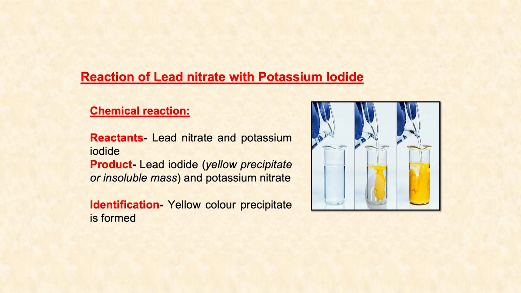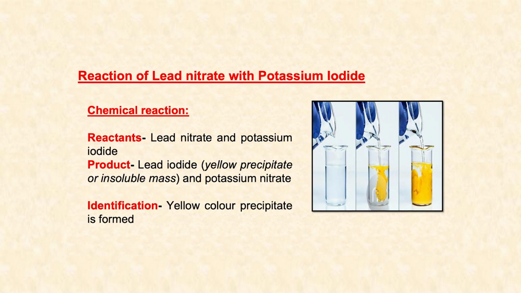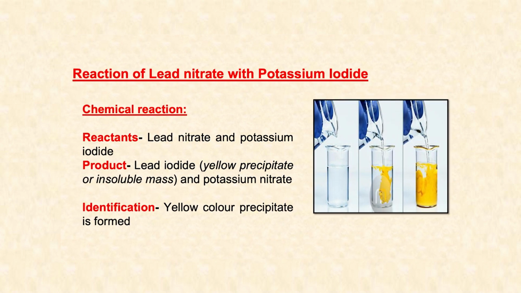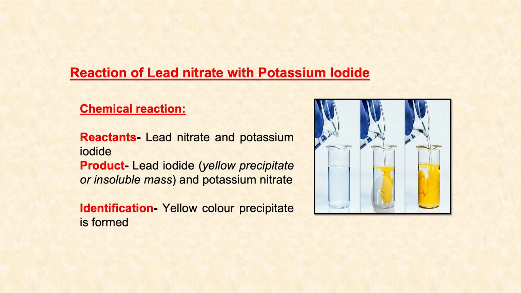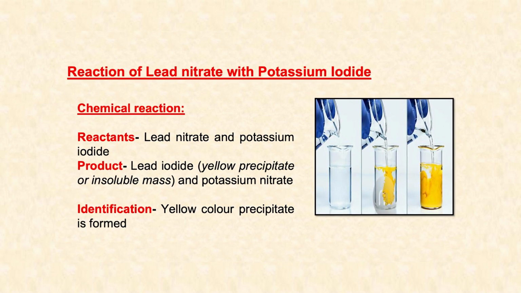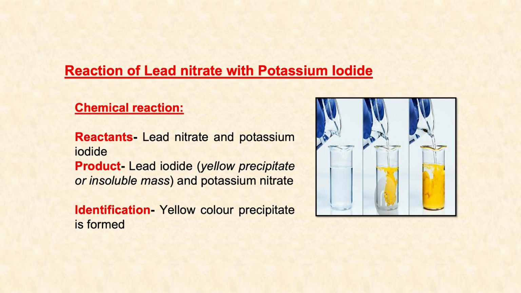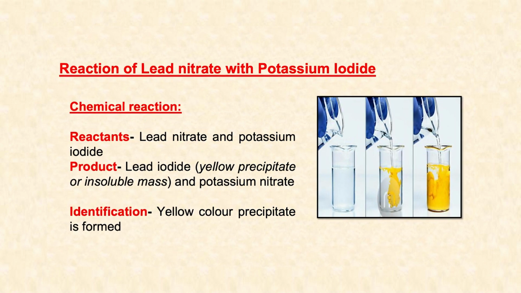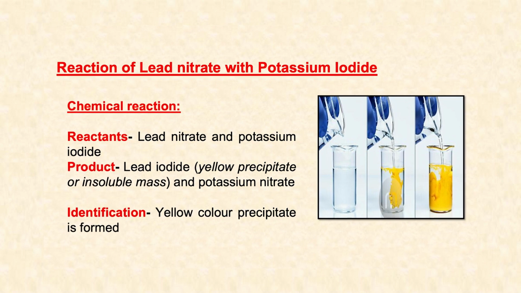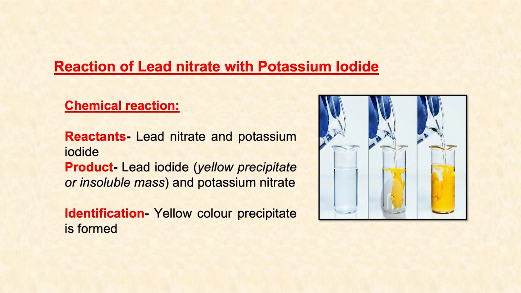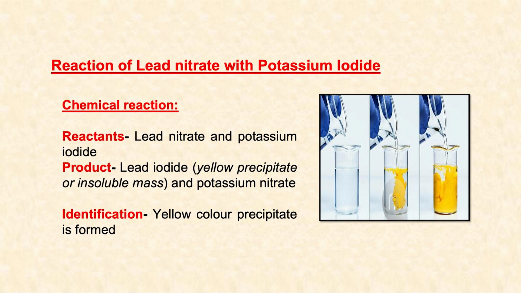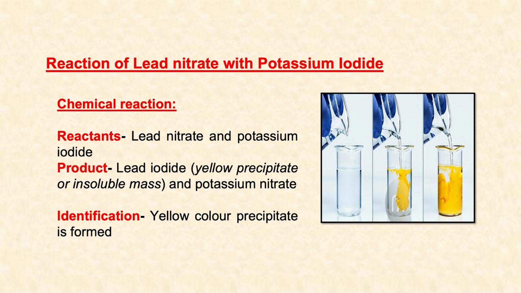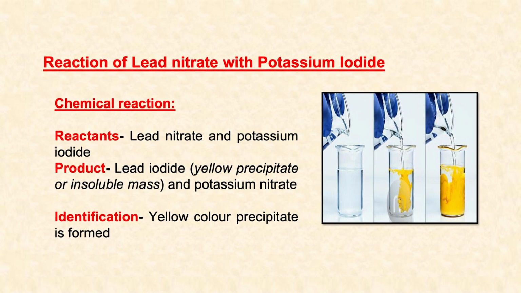Materials required for this activity is solution of lead nitrate and potassium iodide and few test tubes. Take the solution of lead nitrate in a test tube, add a little amount of potassium iodide solution to it. Students, as you can see that both the solutions are colorless, but as they are mixed together, a bright yellow color is obtained.